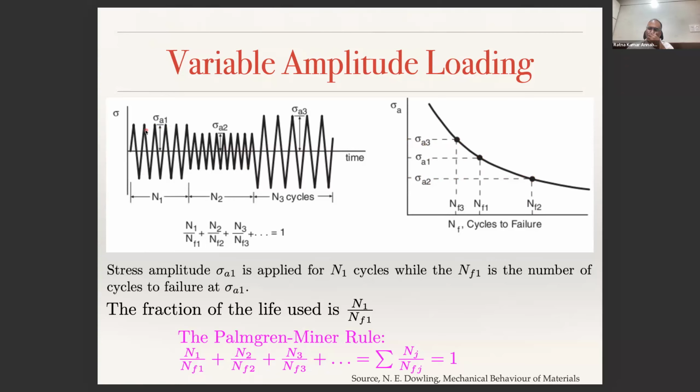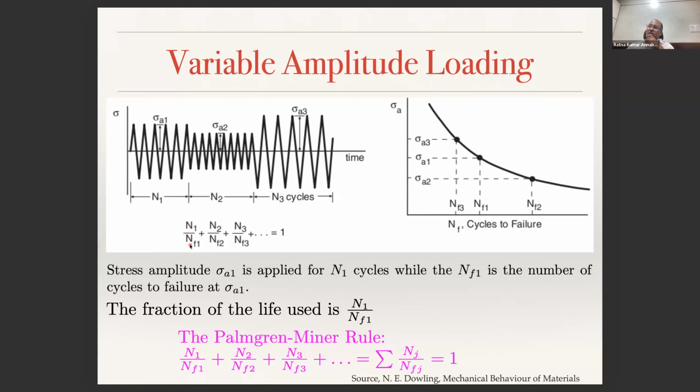But at sigma A1, you are not running for NF1 cycles, you are only running for N1 cycles. That means only a fraction of the total number of cycles at which failure happens. If you ran for NF1 cycles at that stress amplitude, failure would happen. So the fraction of life consumed is N1 by NF1.